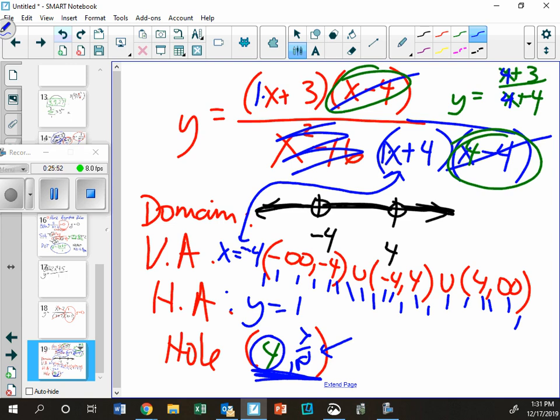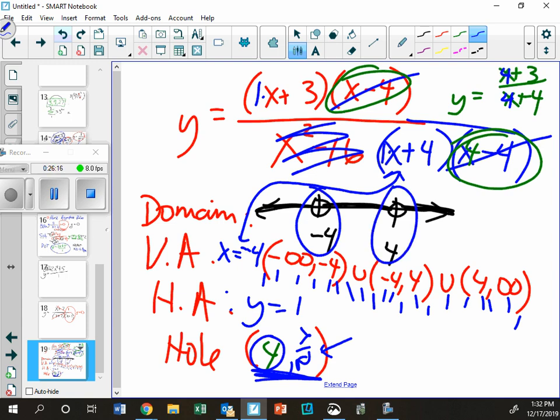Okay, good. Yes, question? Or is that not a question? You have the puzzled look. So how do we know if we should choose 4 or -4? Okay. Would you agree that these two things are problems in our function?